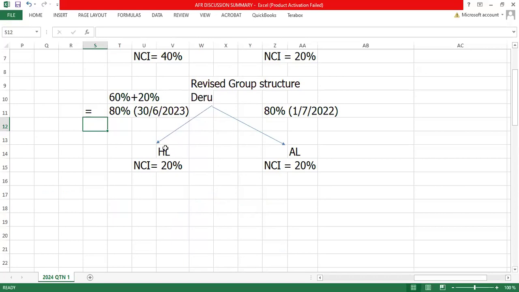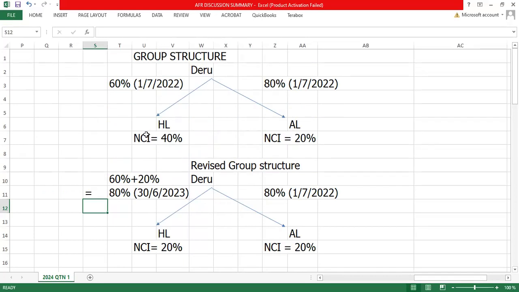And that means that from 1st July 2022, the investment has been at 60%, leaving this 40% as the NCI, up to the reporting period.